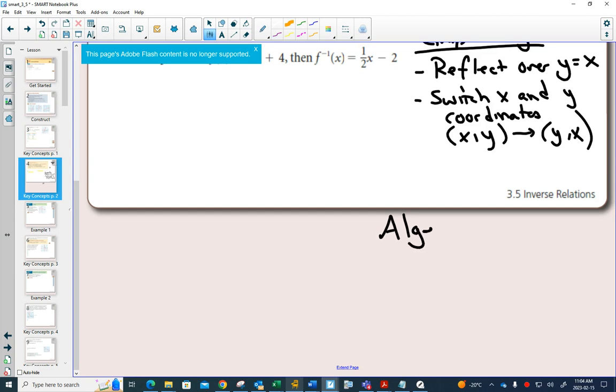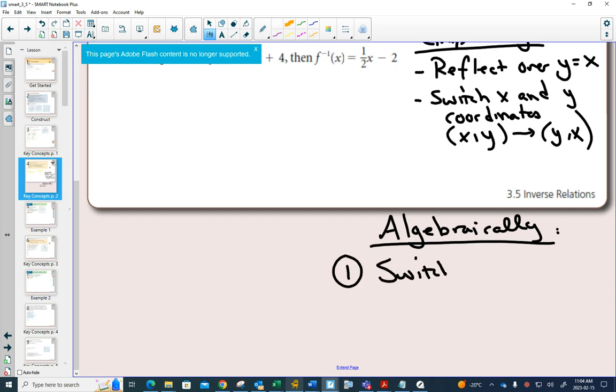Algebraically, because we're also going to be looking at inverses algebraically, to find the equation of an inverse algebraically, we're also going to algebraically switch the x and the y values, and then we're going to get the y value by itself, which is the thing that we did yesterday in the getting started.